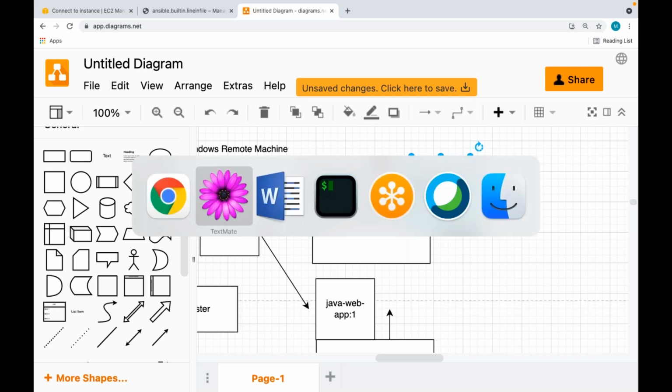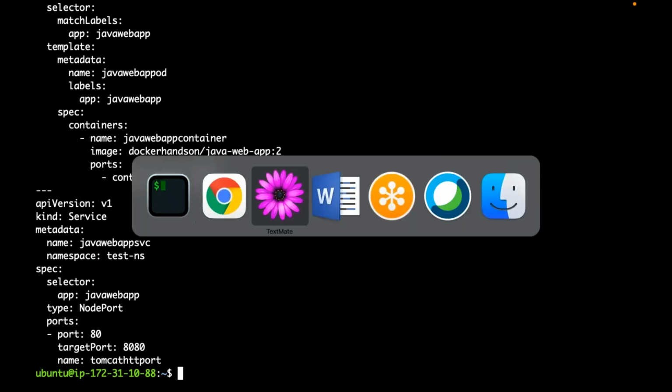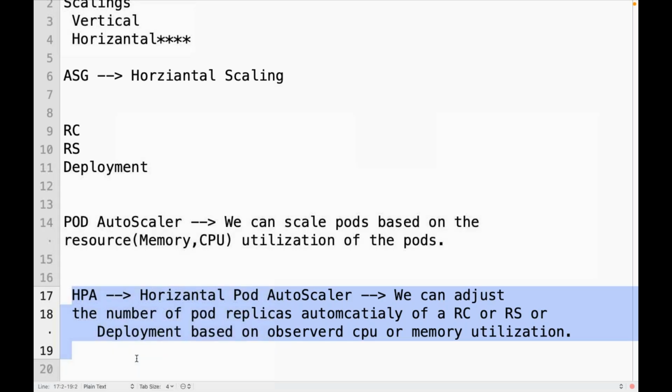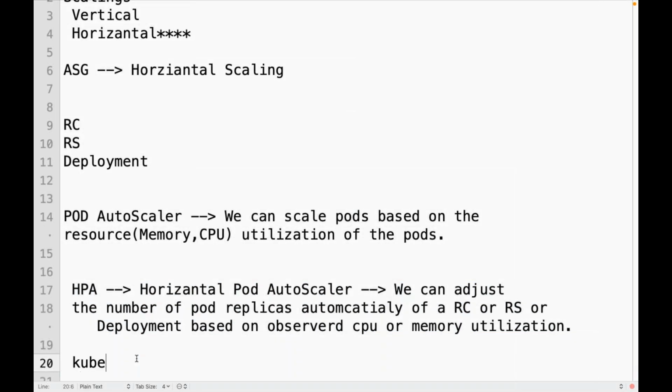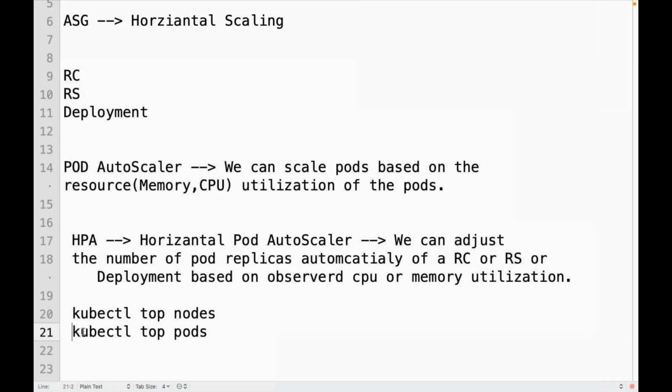Now, in Kubernetes, we can see the CPU and memory utilization of your pods using one command called kubectl top nodes, top pods. But by default, this is not going to work.